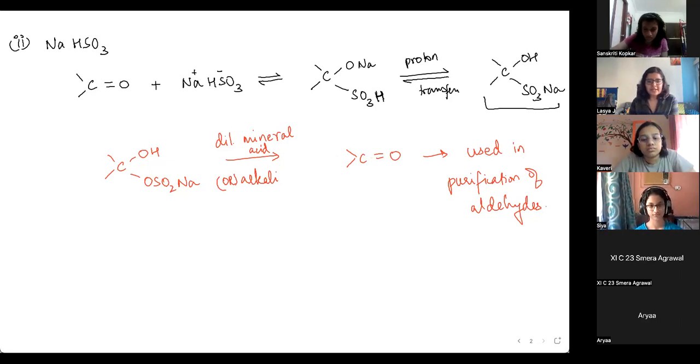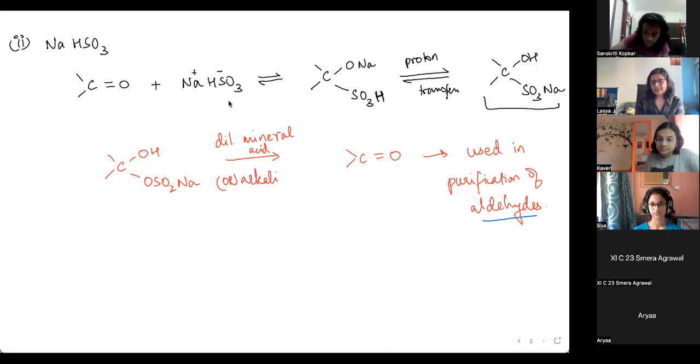Another point about this reaction: we use it in purification specifically for aldehydes because the first step itself is a reversible reaction, right? This reaction favors aldehydes more strongly.